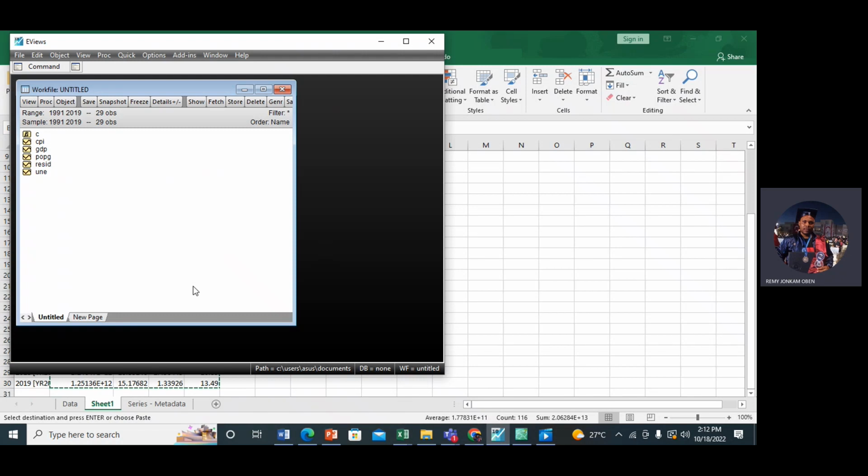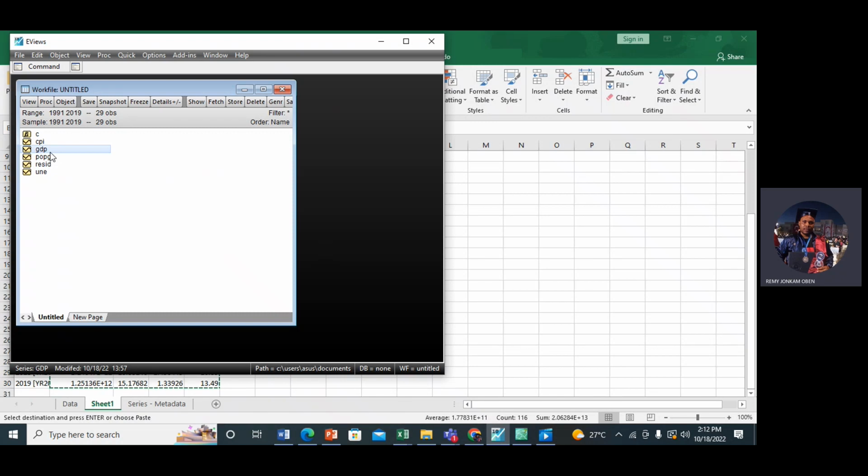So now we have these variables on EViews. So let's assume that our dependent variable is GDP. If our dependent variable is GDP, then how am I going to write the equation? We have four variables, right? Our dependent variable is GDP.